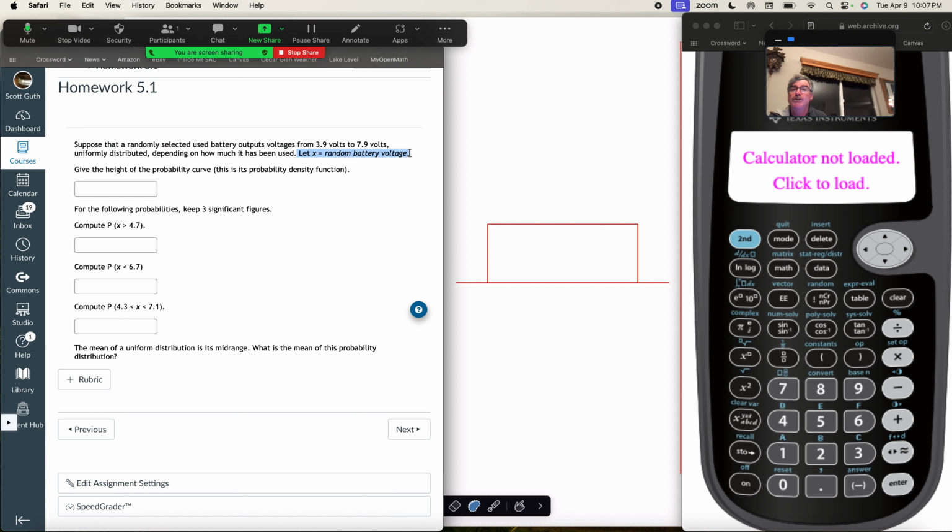So again, this goes from 3.9 up to 7.9. Okay, so the range on that is 7.9 minus 3.9. So just real quick, I'll do that.